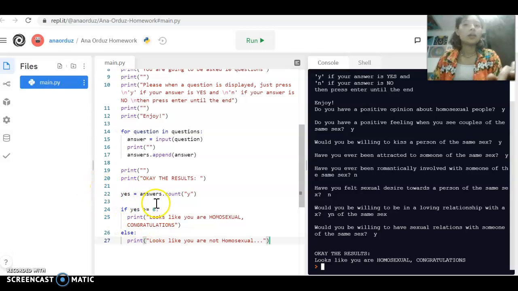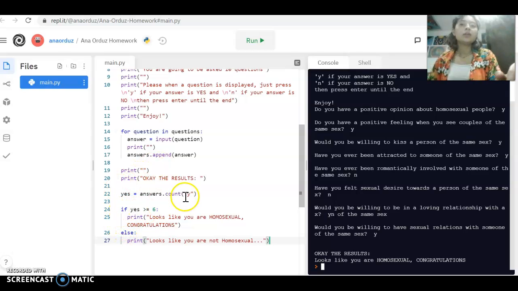So this is also an important part, and it's yes equals answers.count. What this count does is count the number of Y's, or yes answers, that you gave, and depending on that number we use this if-else.